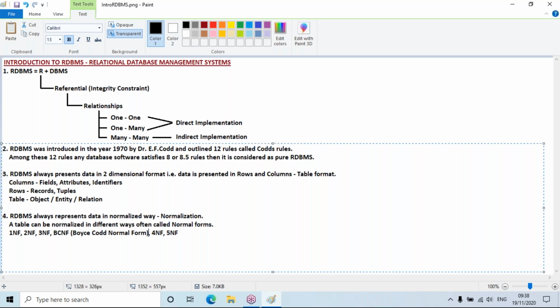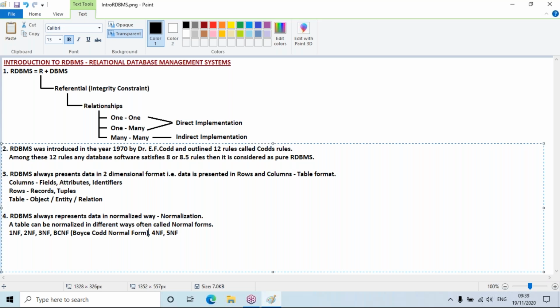Before implementing, the design of the database is to be done. In that designing, you can see how we are going to achieve the concepts of normalization. Once the normalization is described on the database, then you can implement it. Okay. These are the 4 important points on introduction to RDBMS.